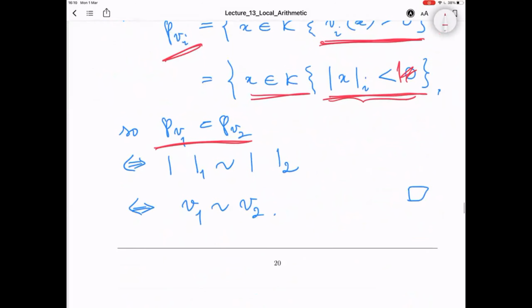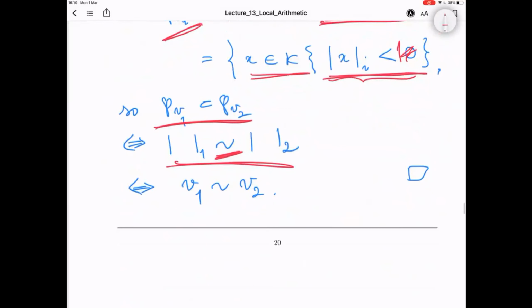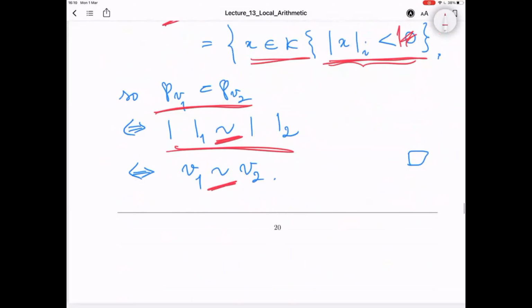The inclusion is equivalent to these two norms being equivalent, and the norms being equivalent is the same as the valuations being equivalent. Okay.